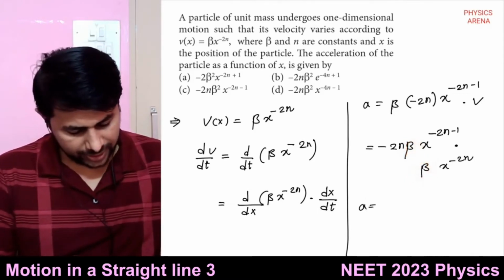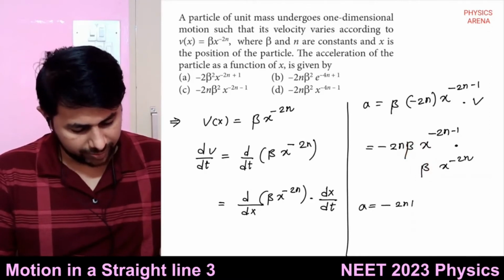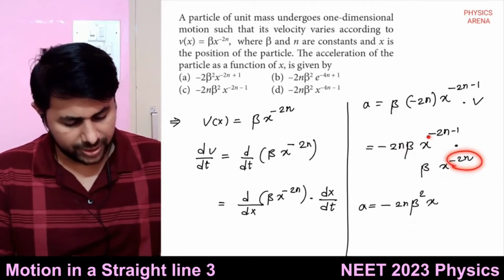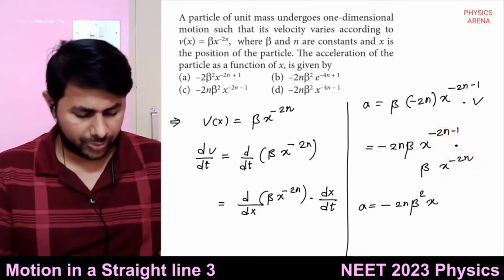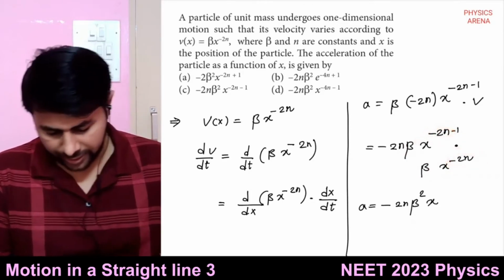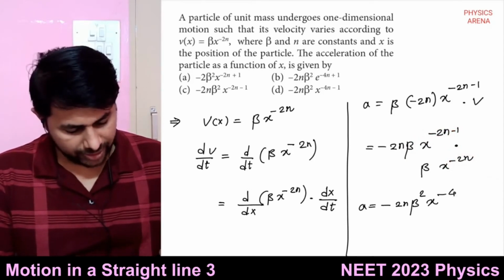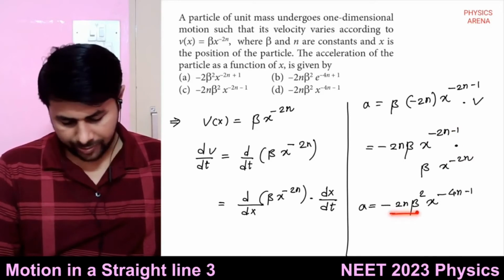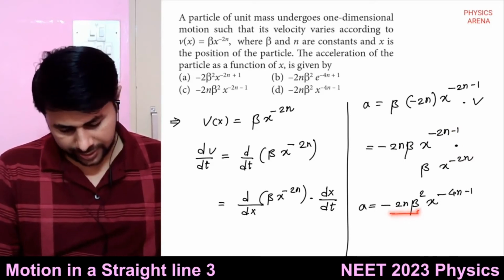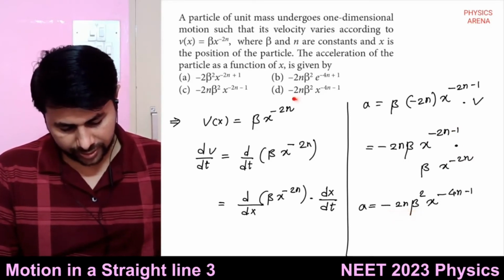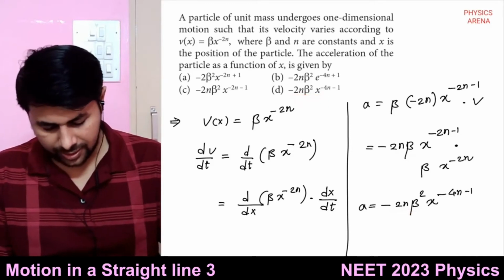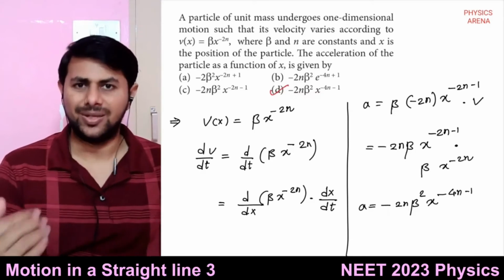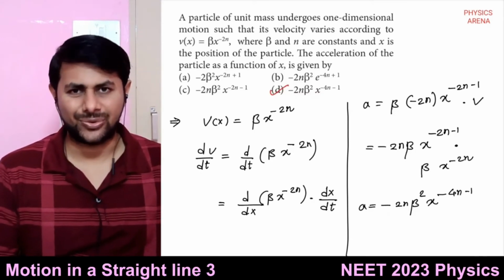Acceleration is minus 2n beta square multiplied by x raised to minus 2n minus 2n minus 1, which is minus 4n minus 1. This is the answer: minus 2n beta square x raised to minus 4n minus 1. So option D is the answer. Simple question, right? Provided you know the chain rule.